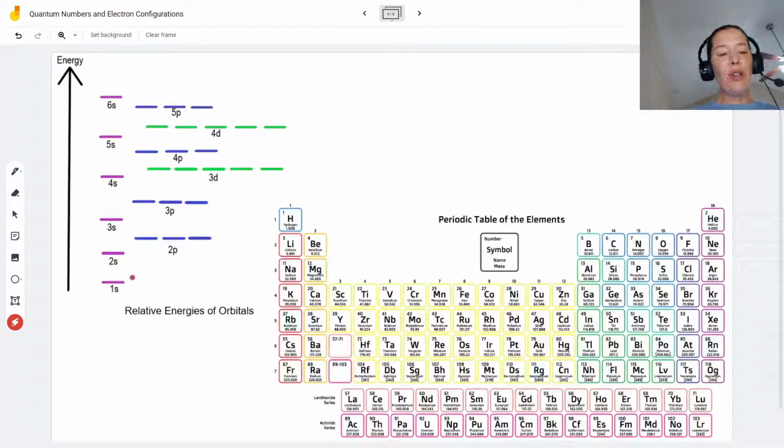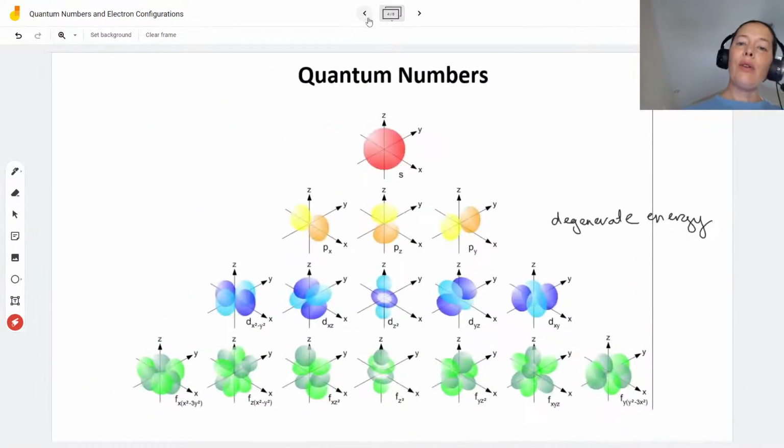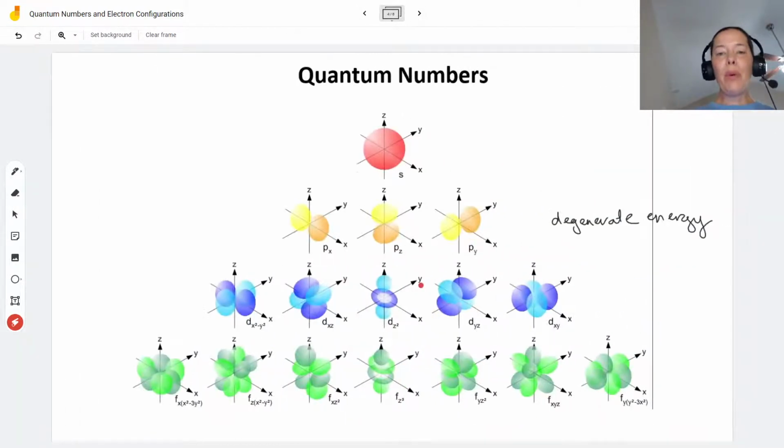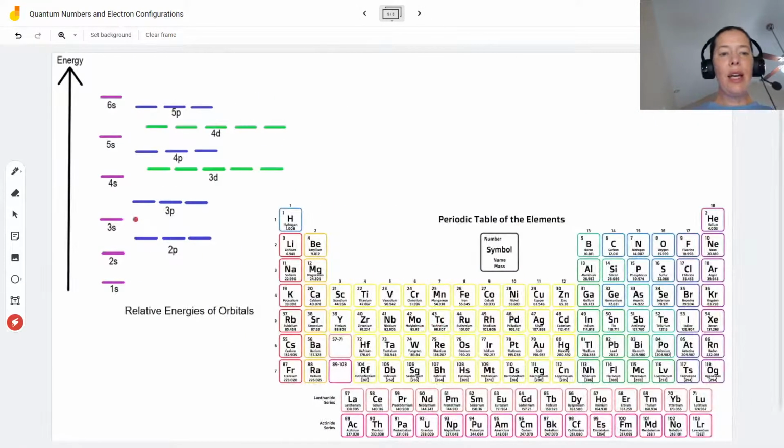But what I want you to notice is your 1s, your 2s, your 2p, your 3s, your 3p, this is all very much following our table here, right? But what you would expect after your 3p is to find your 3d at the next energy level, but it doesn't actually work out that way.